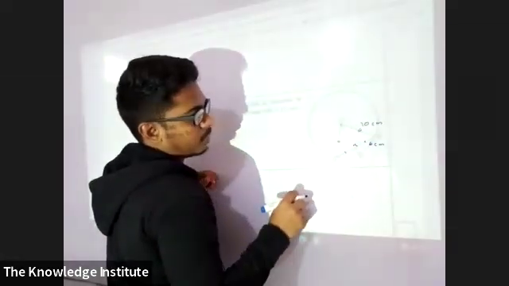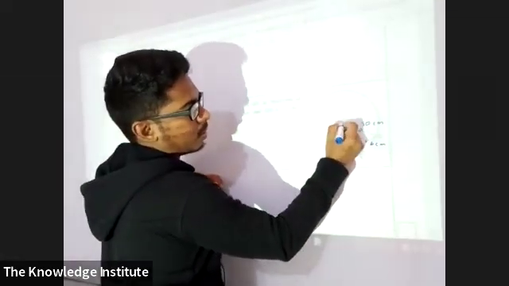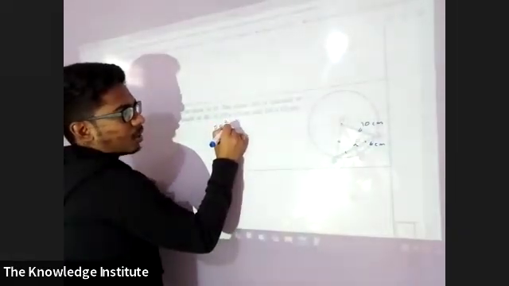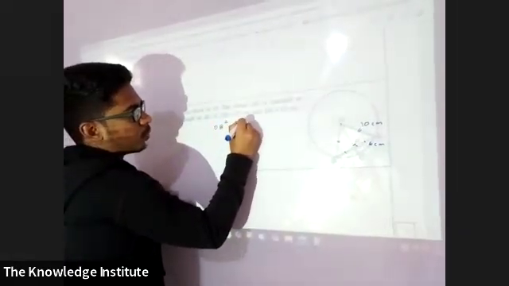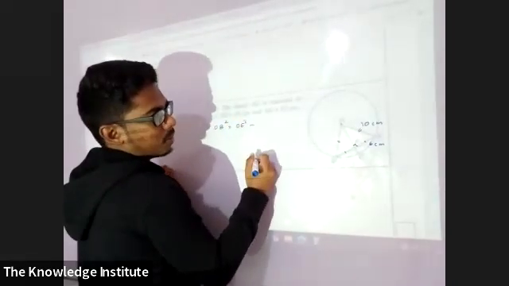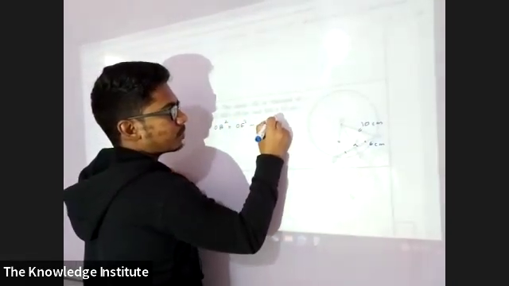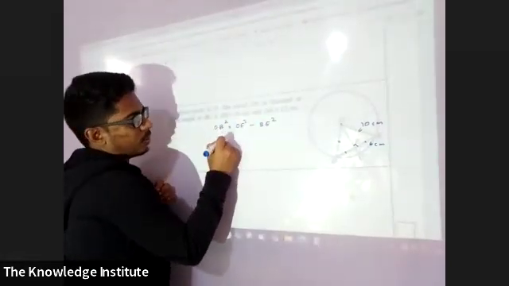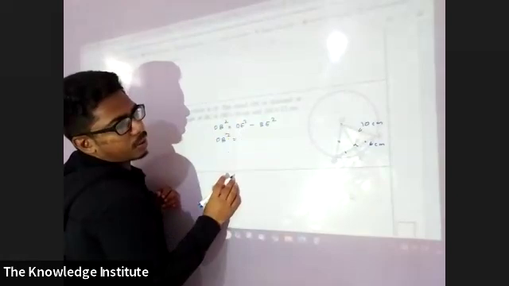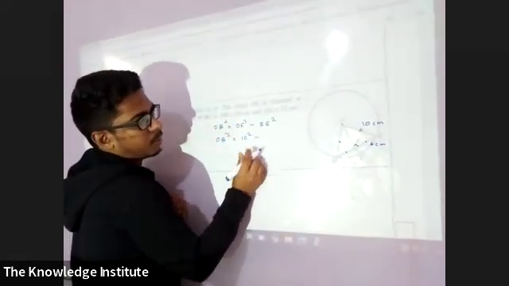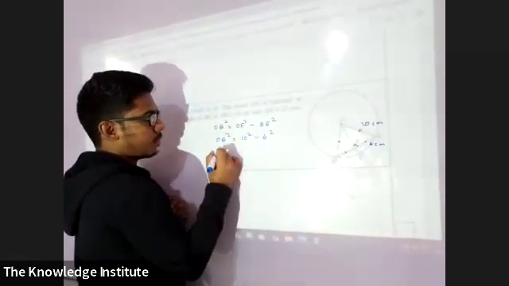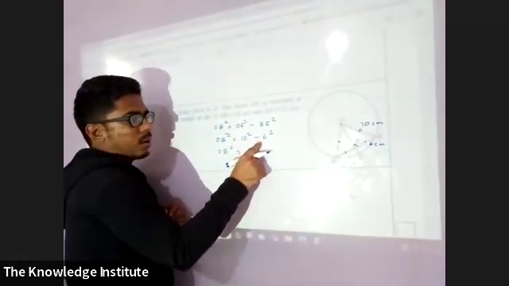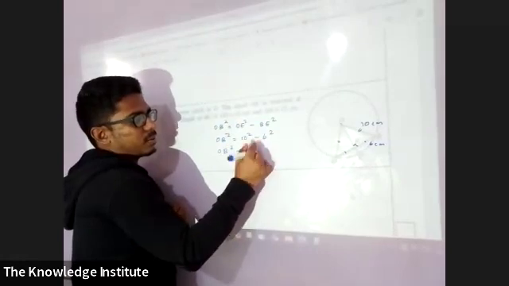So BE is 6 centimeters. So we can use the Pythagoras theorem for this triangle. OB squared is equal to OE squared minus BE squared. OE squared is 10 squared, which is 100, minus 36.